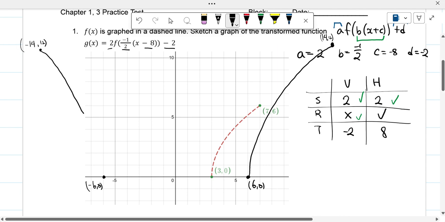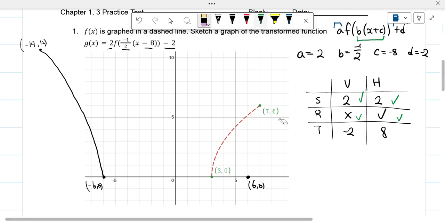If I connect those 2 points together roughly, that is after doing this reflection. If there was a vertical reflection, it would mean that the y value is multiplied by -1. So we simply take the number and multiply it by -1. That's it.